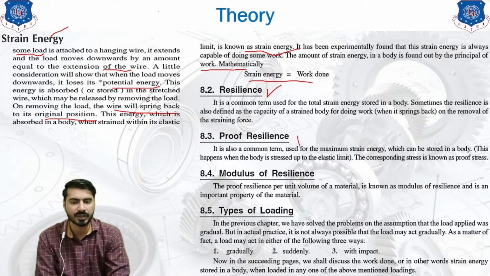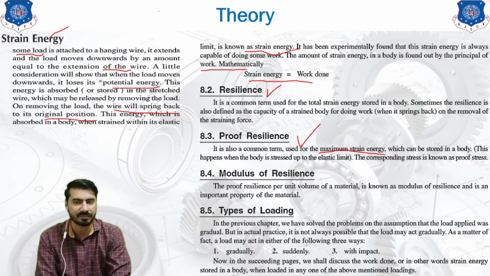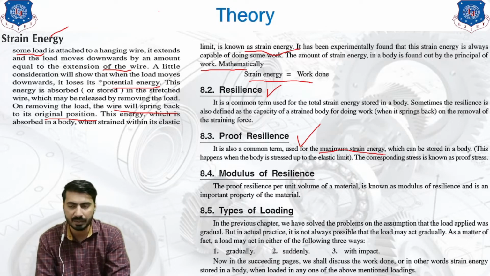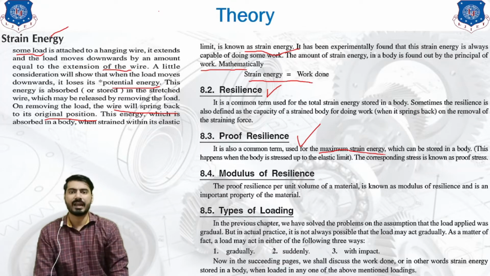What is proof resilience? It is used for the maximum strain energy. Now we know that the strain energy may change at some time. It might be maximum at a certain time frame, and it might be minimum at a certain time point.